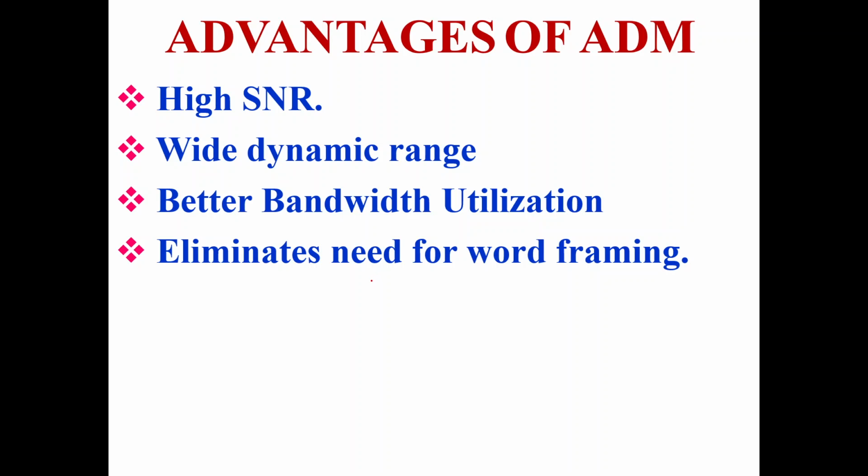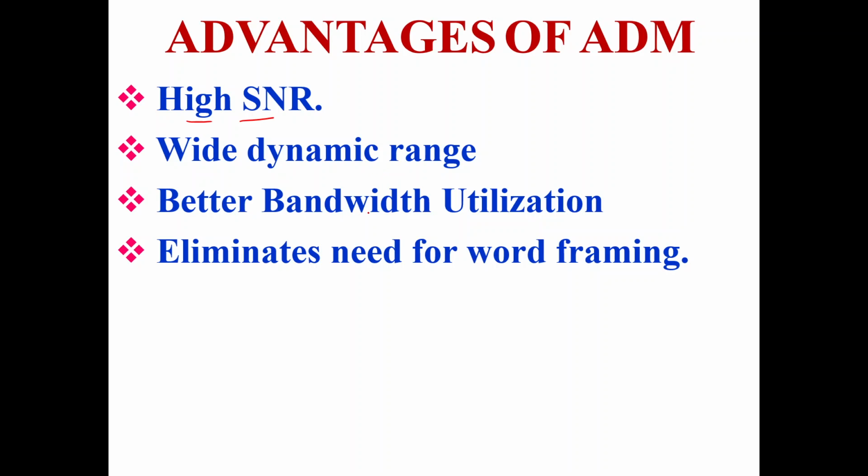Advantages of adaptive delta modulation. ADM has a high signal to noise ratio, since the slope overload distortion and the granular distortion are reduced to a greater extent. It has a wide dynamic range because the step size is a variable one.